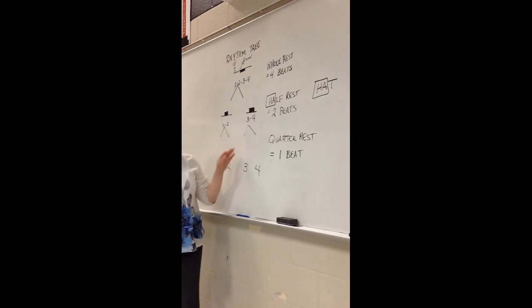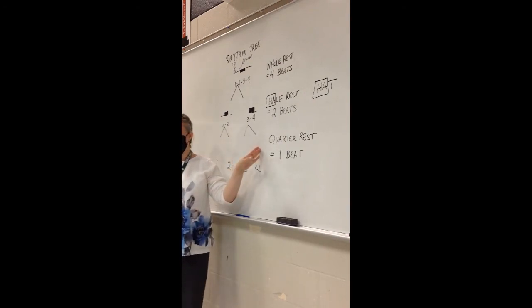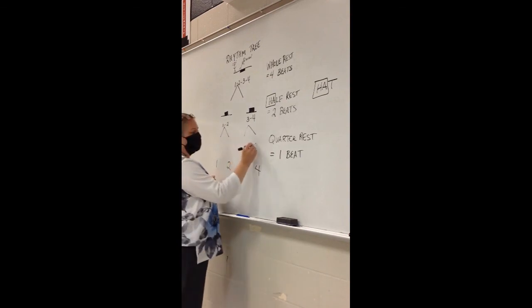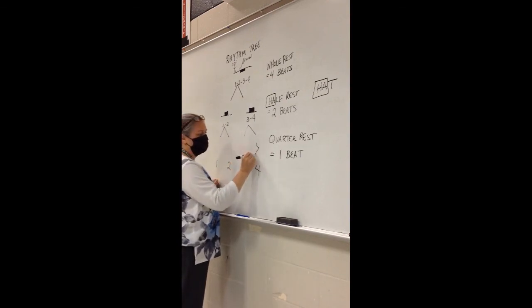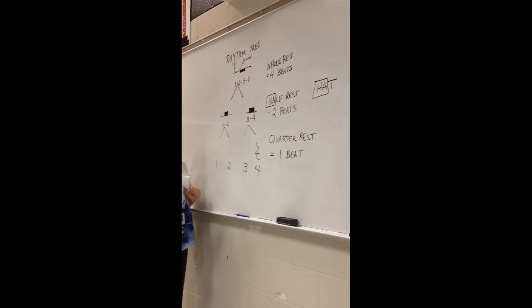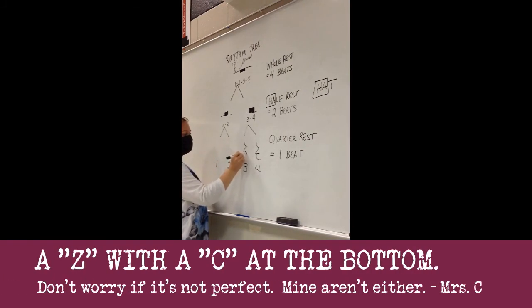The next thing is a quarter rest. These things are really hard to draw, okay? You gotta make like a Z and then add a C at the bottom. Kind of like a Z with a C hanging off the bottom. Oh gosh.